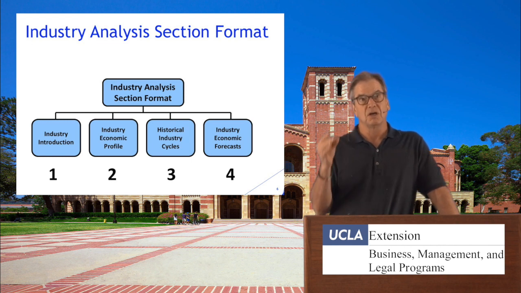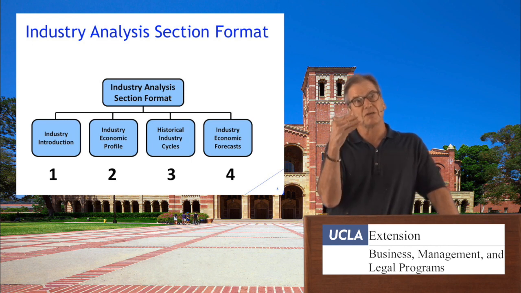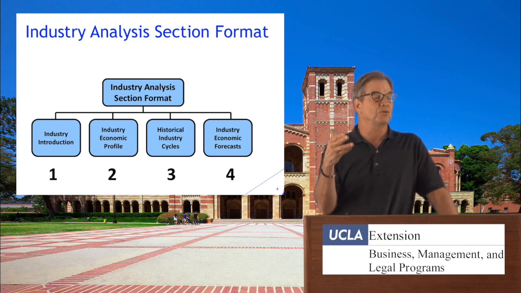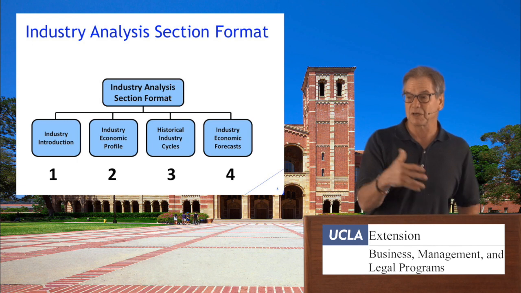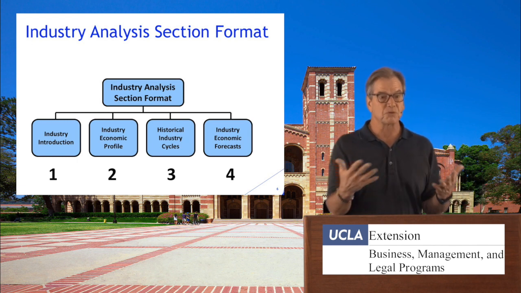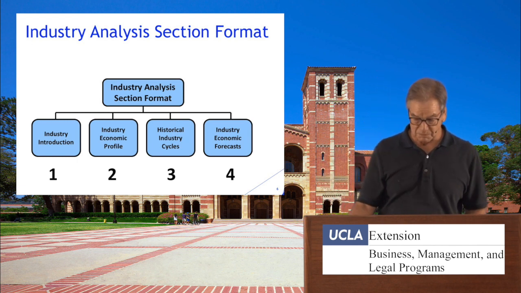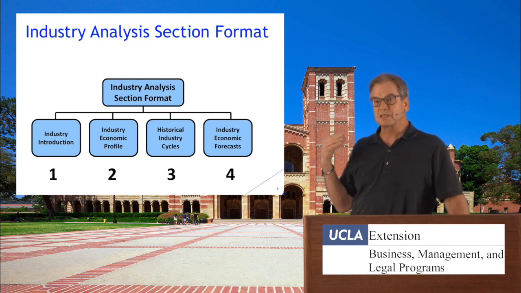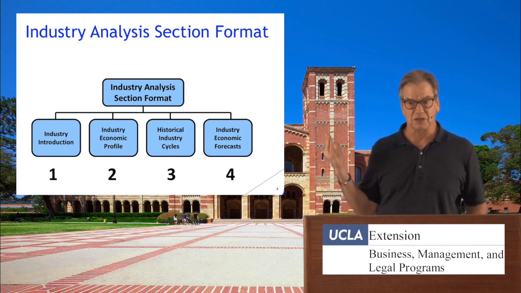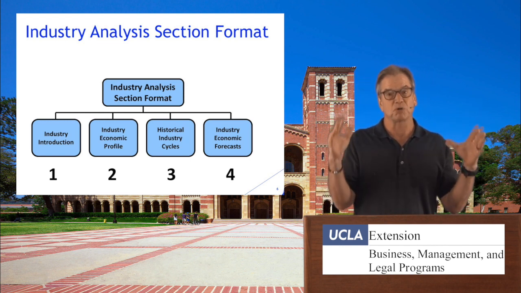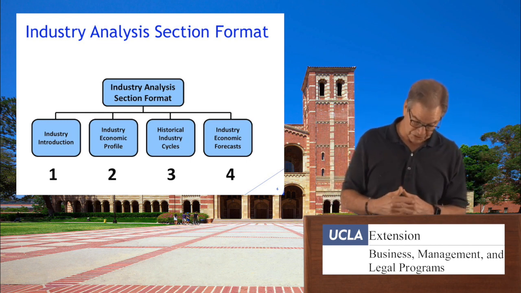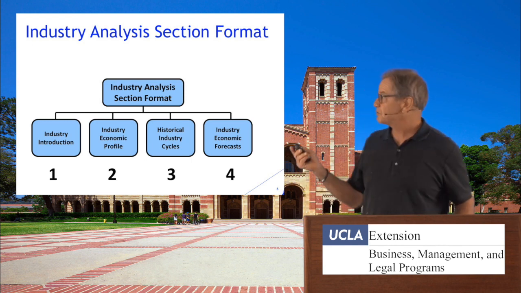Since we're using the development of a business plan as a model or structure for reviewing basic theories and concepts of entrepreneurship and new venture formation, whether you're developing a business plan or developing a business, we still go through the same subject matters that are presented in a business plan. So let's think of these 4 parts of an industry analysis as articles within a chapter called industry analysis. So let's go over these 4 articles.